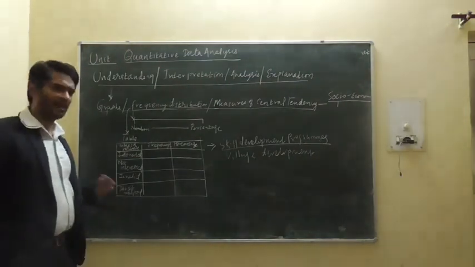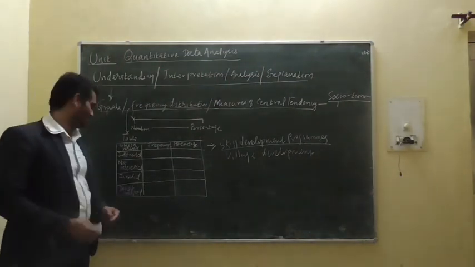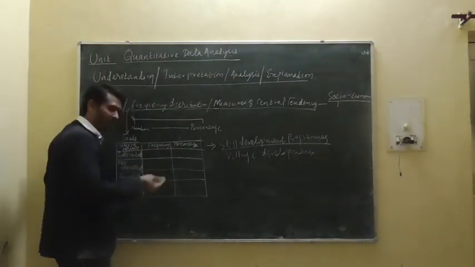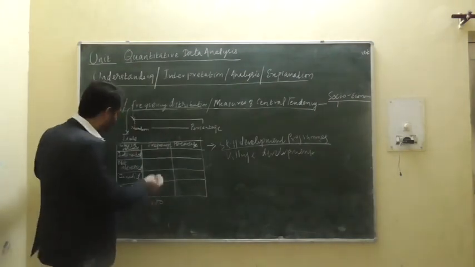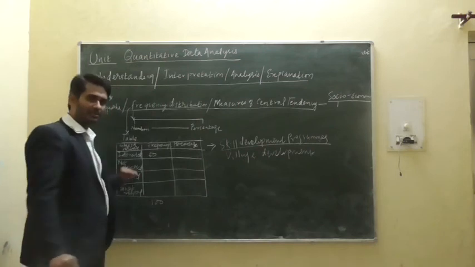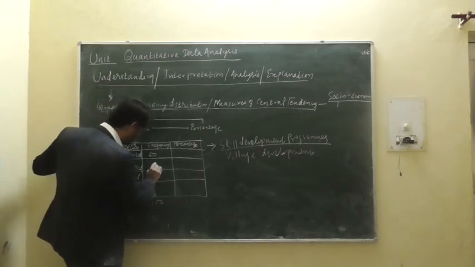So you're going to ask 100 people how many are interested. Out of 100 people they say that 60 people are interested, and the next 20 are not interested.